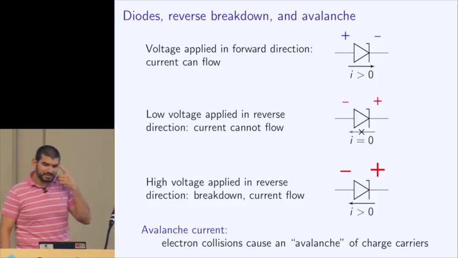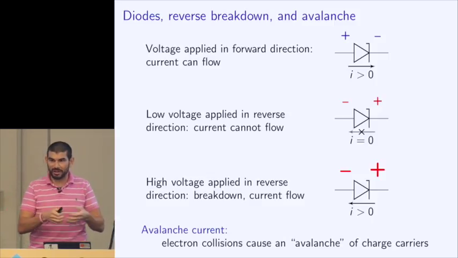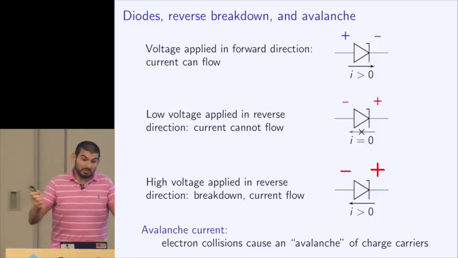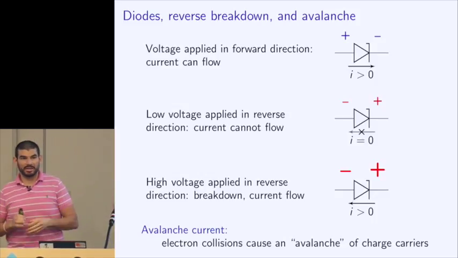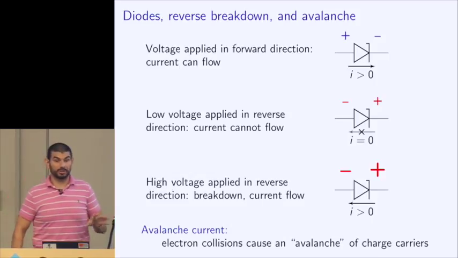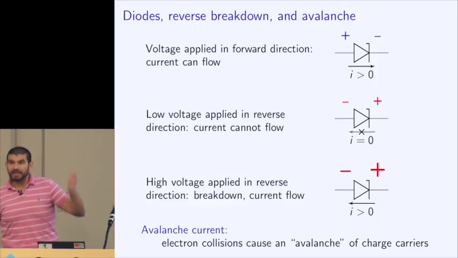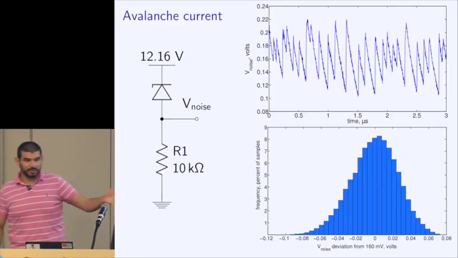And this is a cool thing because it's deeply related to subatomic phenomena, like two electrons happening to interact or not. As far as we know, this is a completely probabilistic process. There's no way to externally decide when one electron will interact with another. And as a result, we get this current that's highly unpredictable. So let's take a look at what we mean. Here's a test circuit on the left.